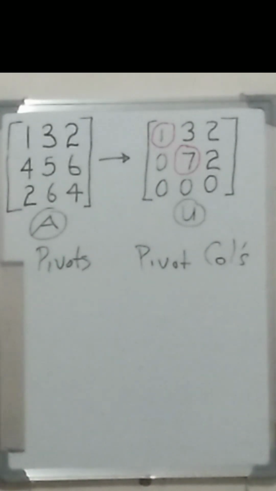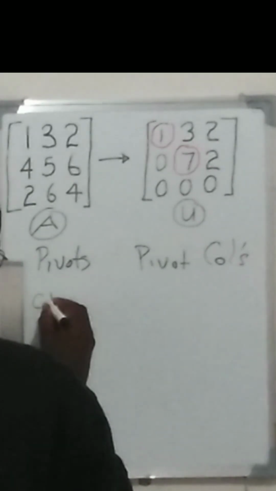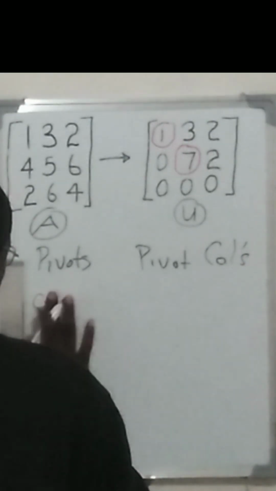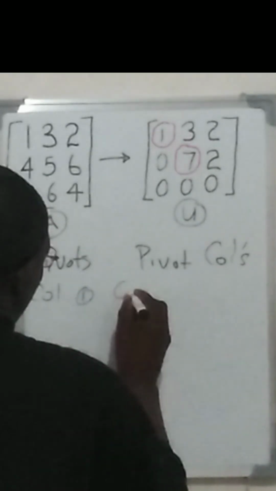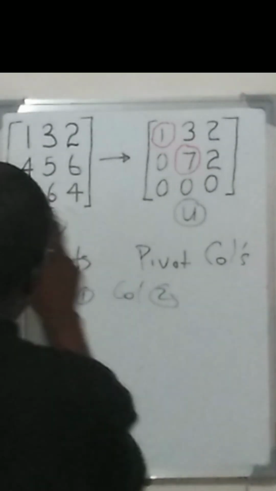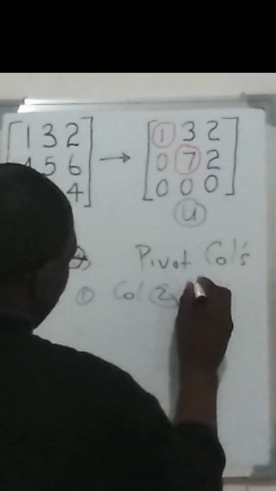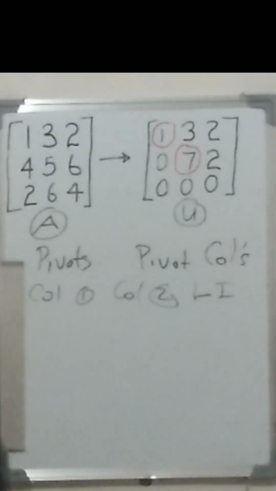So let's write it down. So column, hey, is that how you spell column? Column 1 and column 2 in matrix A are linearly independent.